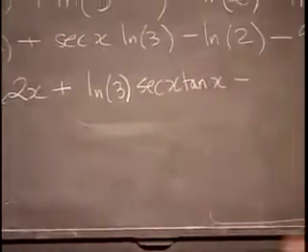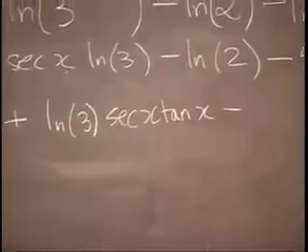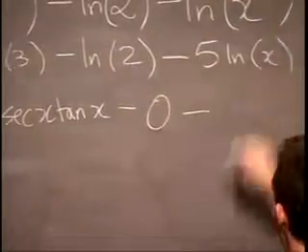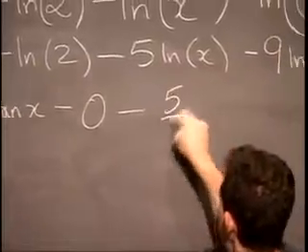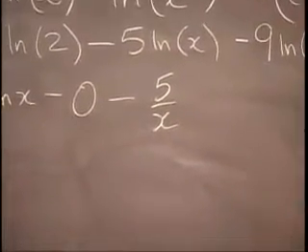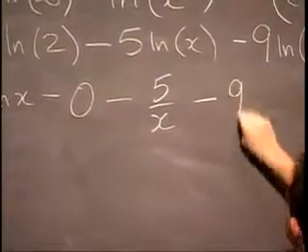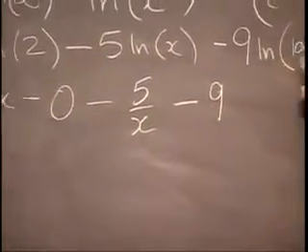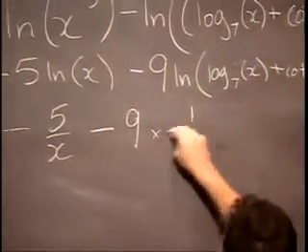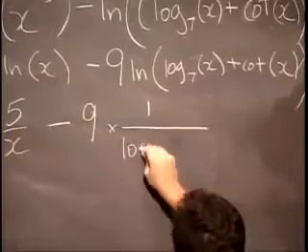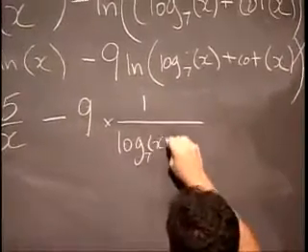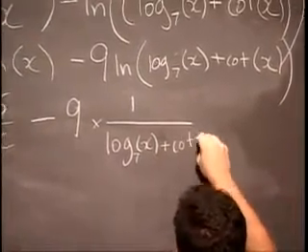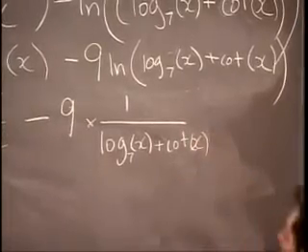How about the derivative of log 2? What's that? 0, it's a constant. Derivative of log x, 1 over x. And for this last term here, I'm going to do the same thing. It's log of something. The derivative is 1 over that quantity, which is log x base 7 plus cotangent x.